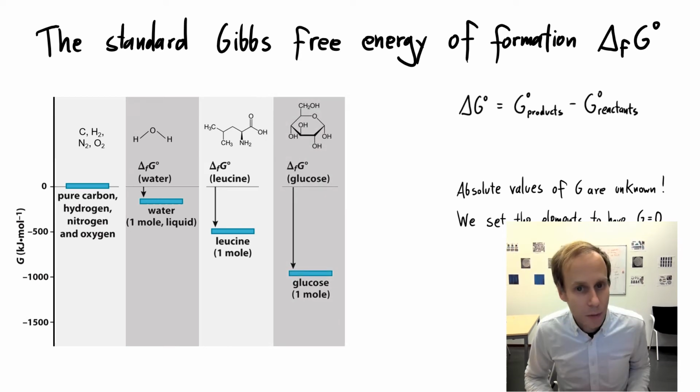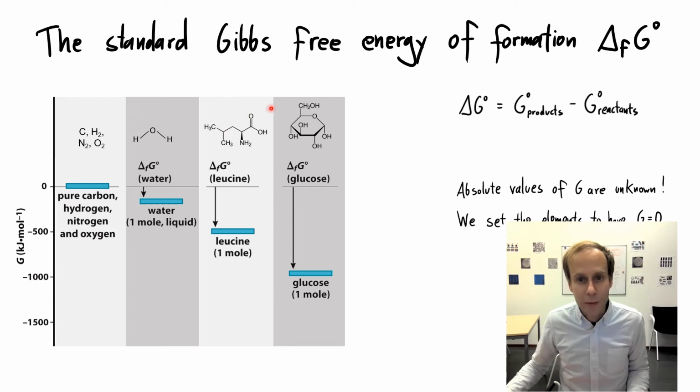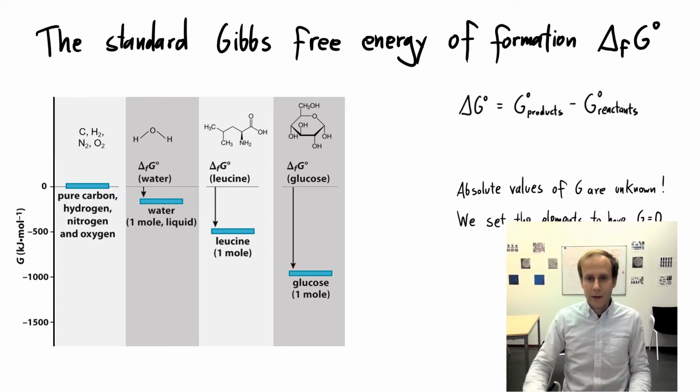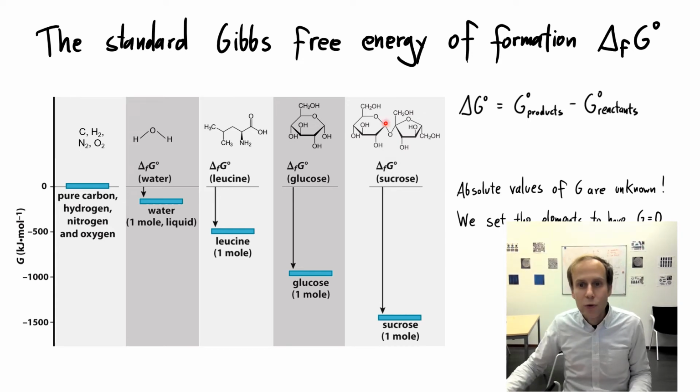Same for the important sugar glucose. It's an even more complicated molecule than leucine and therefore has an even lower free energy of formation. Sucrose is an even more complex molecule. It's basically composed of 2 glucose units and it has a further lowered free energy of formation.